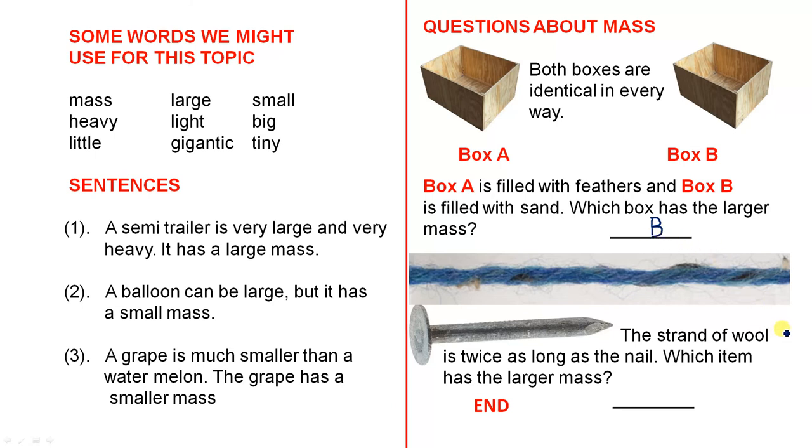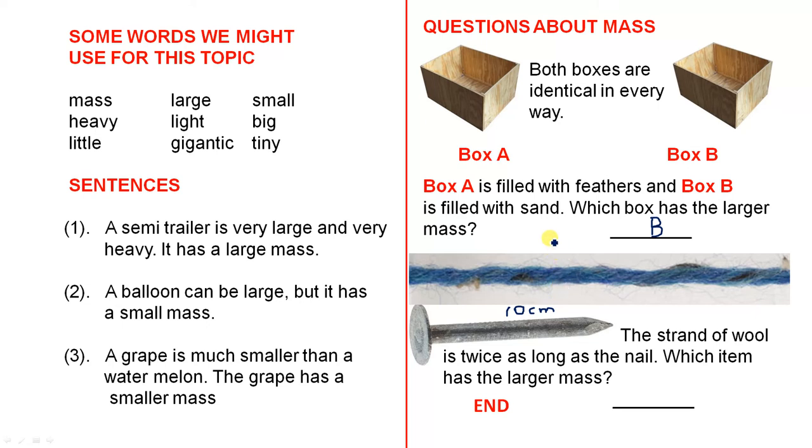The strand of wool is twice as long as the nail. Which item has the larger mass? So here is some wool. That's just used for knitting. You might knit a jumper or something else with it. And here is a nail. Now let's assume this nail is about 10 centimetres long, close to the length of a pencil, I suppose.